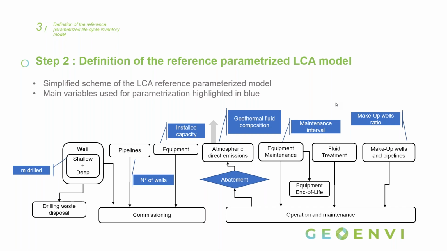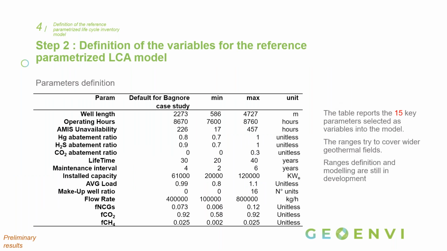And so all of these key parameters are defined here, and the minimum and maximum values try to cover wider fields than the binary case studies, but the default one is the values I used to test my simplified model for the binary case study. So this model now has 15 parameters, but all of this work is in progress.